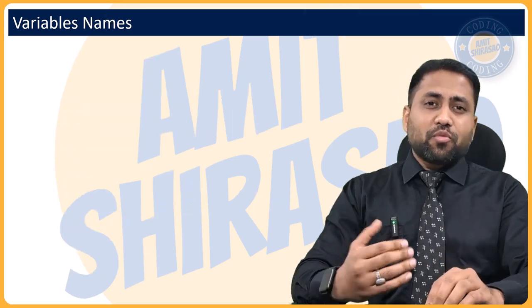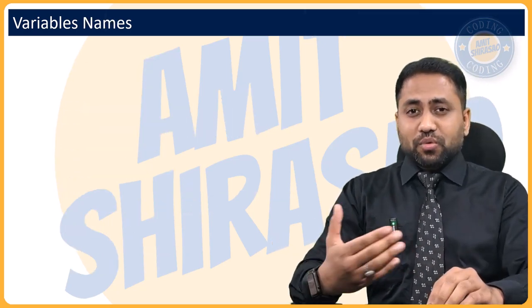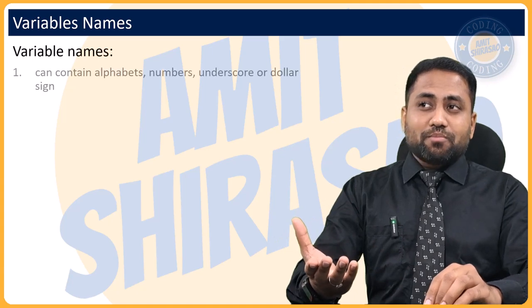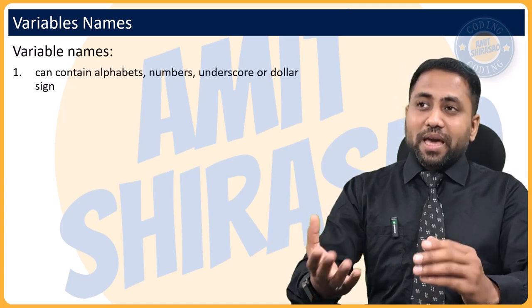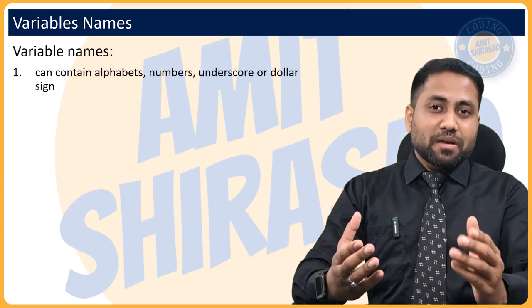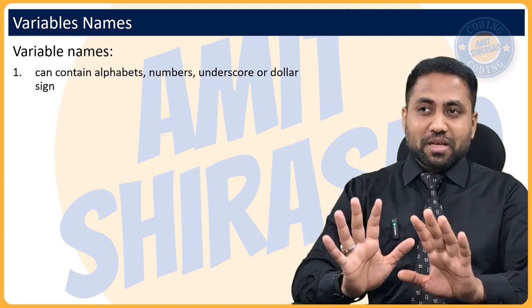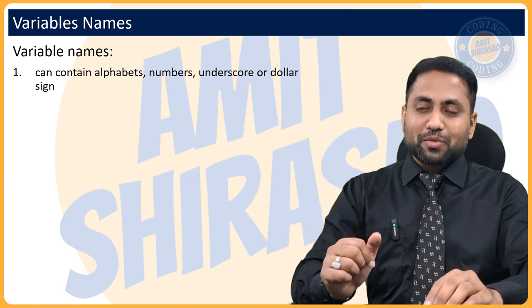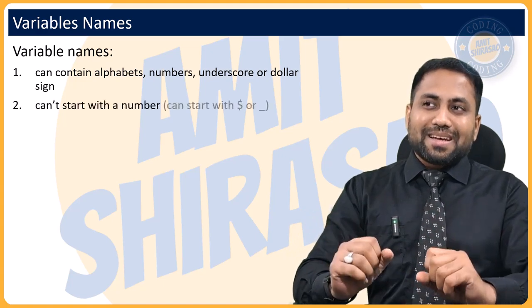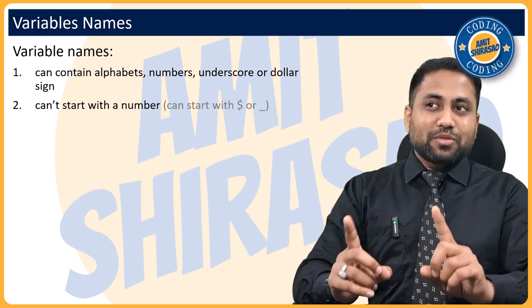Now variable names. How will you name a variable? Your variable name can contain alphabets, numbers, underscore, or dollar sign. Nothing other than this. Hyphen is not allowed. It cannot start with a number.